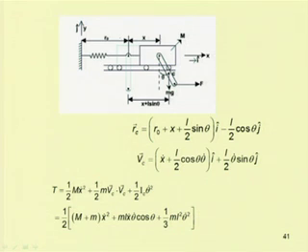Here one can use two generalized coordinates. One is x, the change of position of the mass center of this cart, and the other is the rotation of this bar with respect to the vertical. So, x and theta: q1 one can take as x and q2 equal to theta.